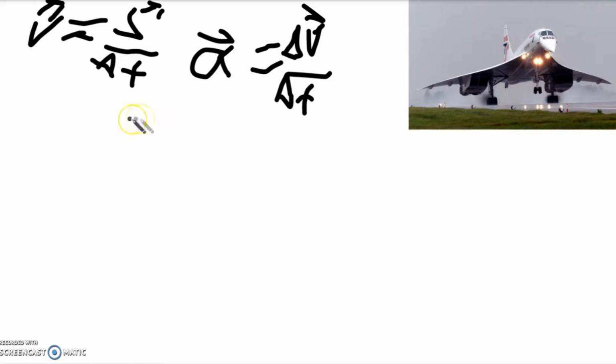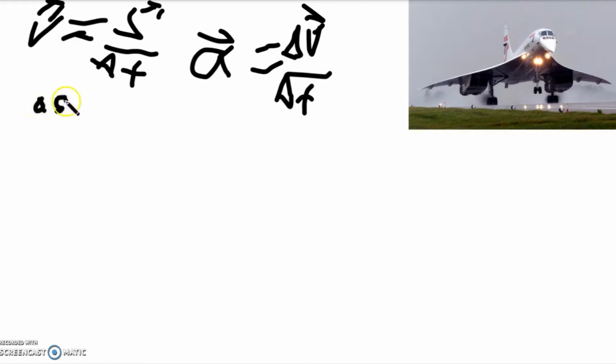I looked up the specs. We want to convert the speed into meters per second to find out the time. They don't say that, but I found out it goes 2,180 kilometers an hour. And let's say it's accelerating at 0.5 meters per second squared.